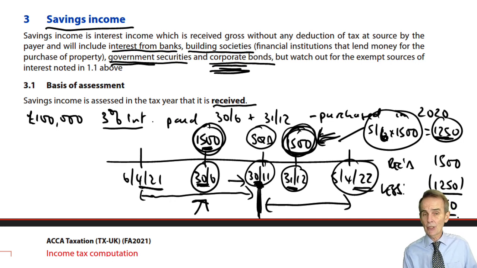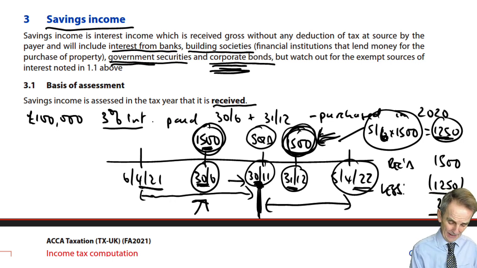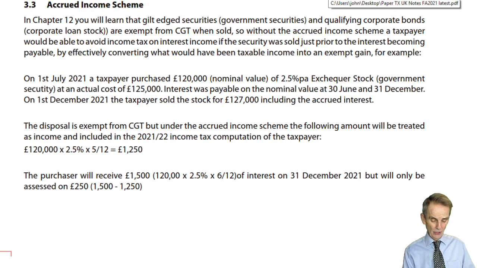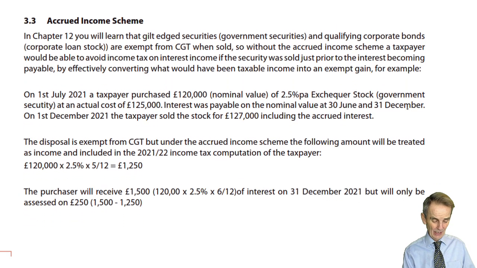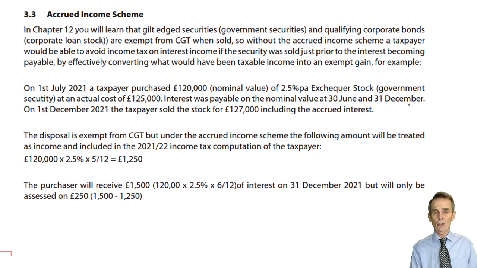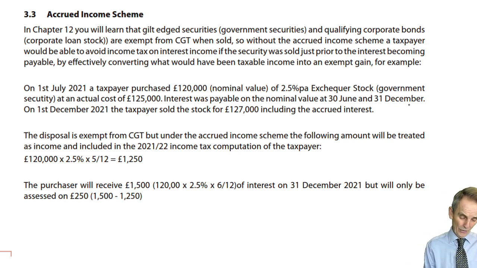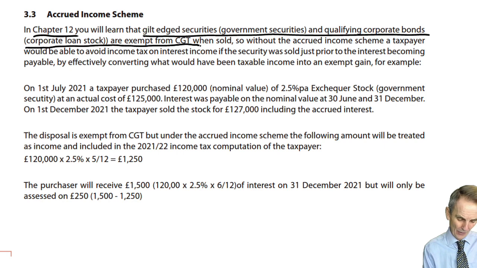Now, I referred to this as the accrued income scheme, and if we go through to our notes to roughly where we left it last time, here in section 3.3, we have this accrued income scheme note. As I referenced in chapter 12, we'll learn that gilt-edged securities and qualifying corporate bonds, corporate loan stock, are exempt from CGT when sold.